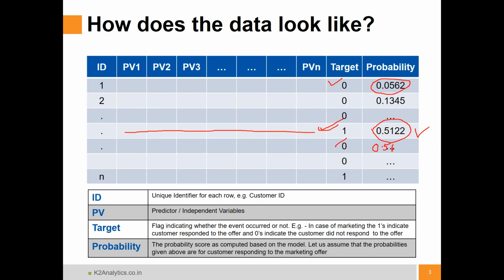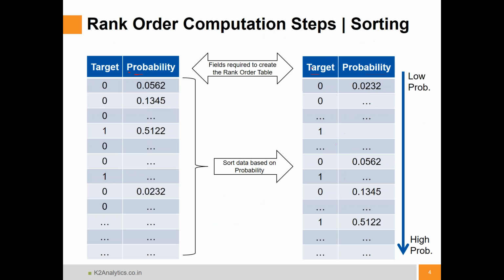So the first step, to test how good my model is, I require these two columns, which are important, because once I have taken all these variables and computed probability, these variables are of no use. The entire gist is converted into one number, which is probability. So I have got these two columns which are important.